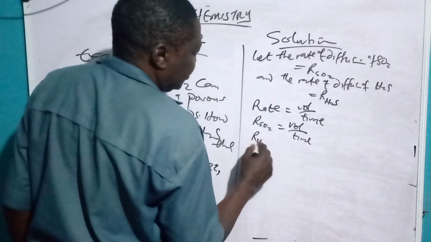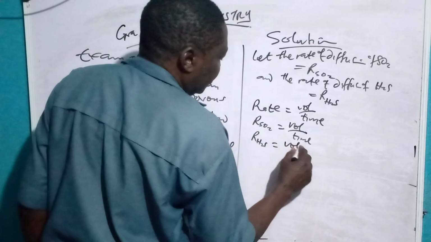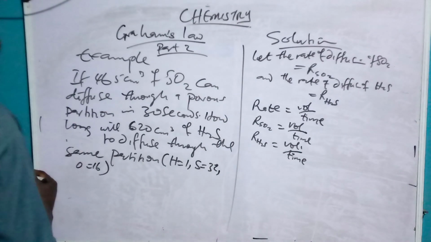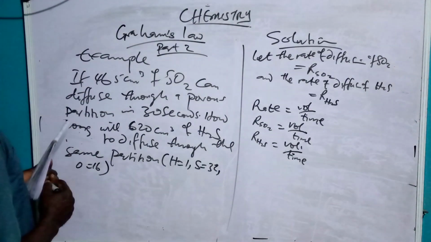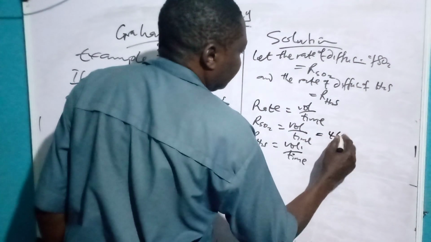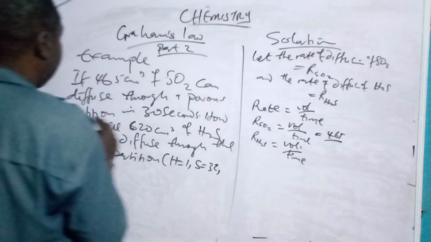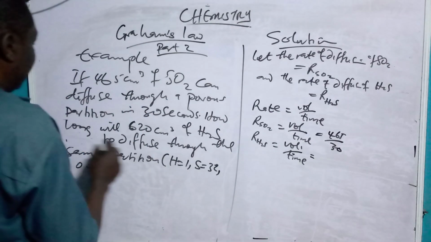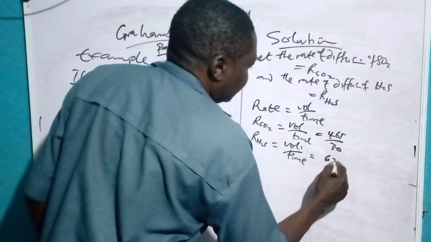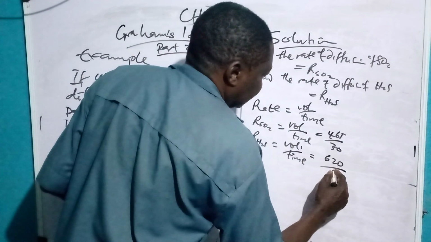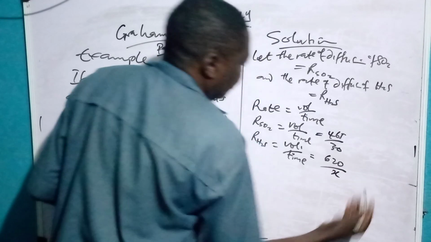Similarly, R_H2S equals volume over time. The volume here is 465 over the time of 30 seconds. Similarly, the volume here is 620 over time. That's what we are looking for. Let's call the time x.